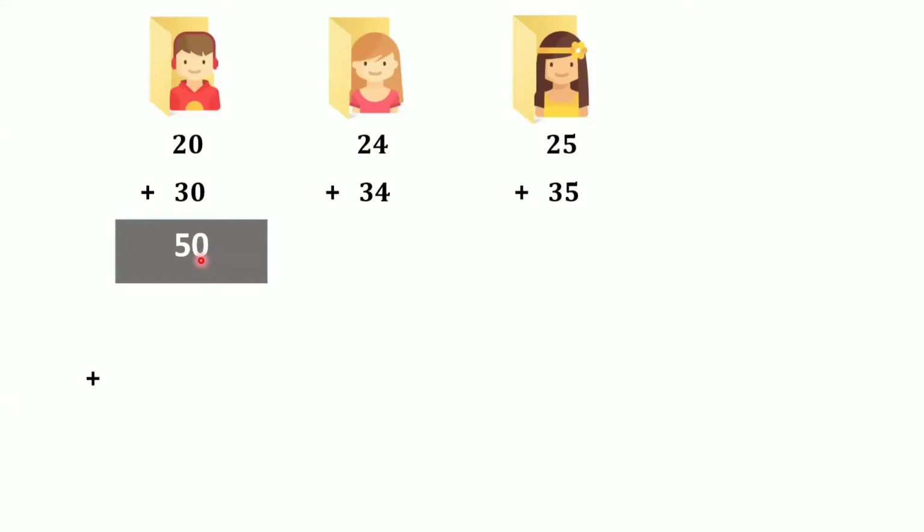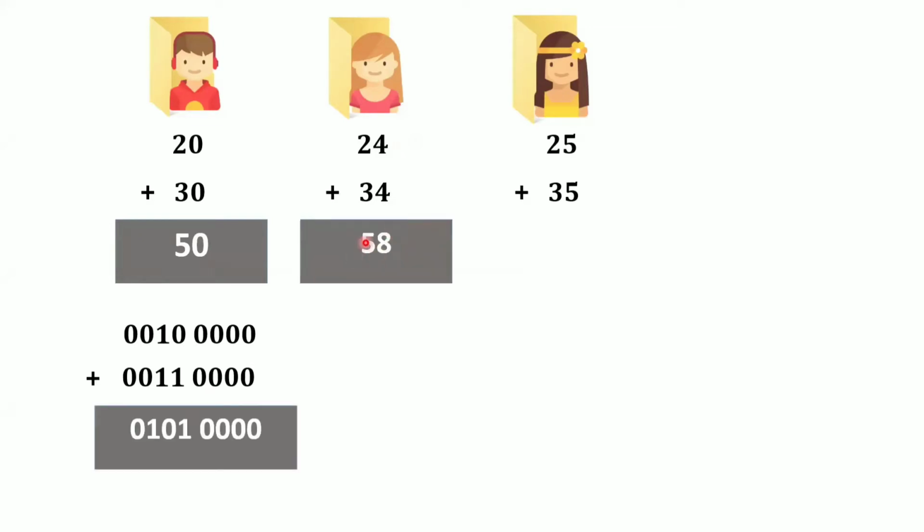He generated the bill and gave it to the boy, who paid 50 rupees. For this girl, she ordered two food items which cost 24 rupees and 34 rupees. He entered 24 plus 34 in the billing machine, the bill came to 58, and she paid.